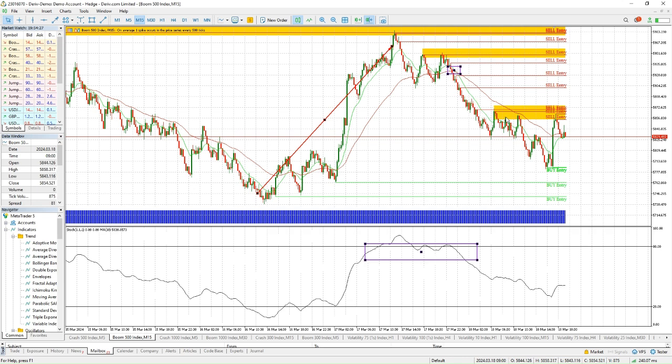another one here. The minor support actually created here because price started to fail twice to break this price region, and immediately our indicator indicated to us that this is a resistance zone, because twice we failed to break that zone. Actually, one, two, three.